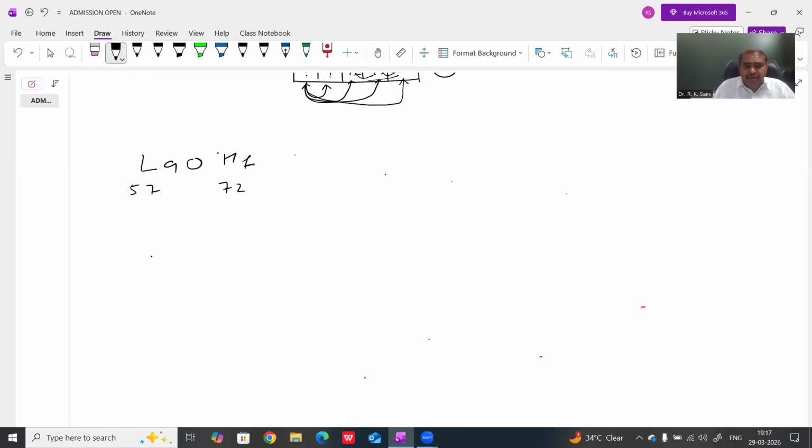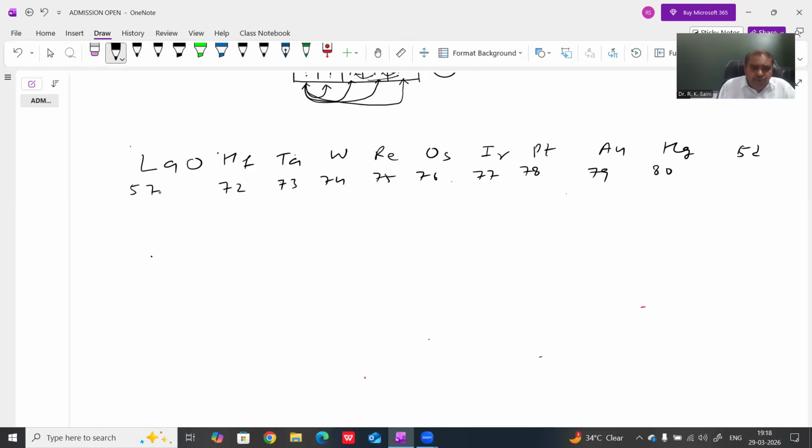And then the next elements are hafnium, tantalum, tungsten, rhenium, osmium, iridium, platinum, gold and mercury. Atomic numbers 57, 72, 73, 74, 75, 76, 77, 78, 79 and 80. It is the series of 5d elements.